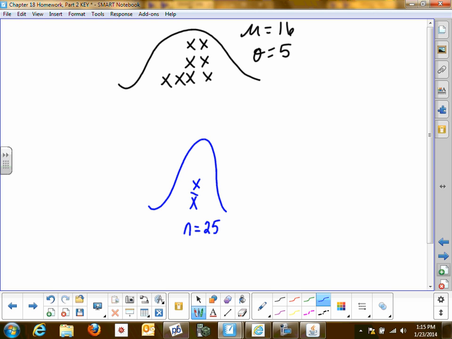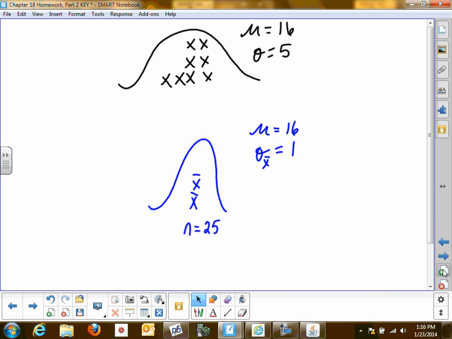So I got the sampling distribution. The mean is still 16. The standard deviation of this sampling distribution is 1.